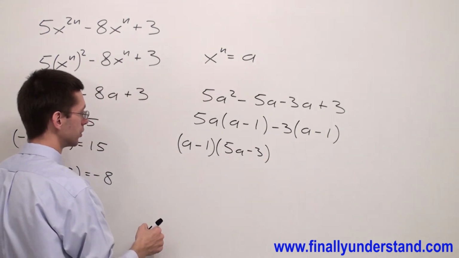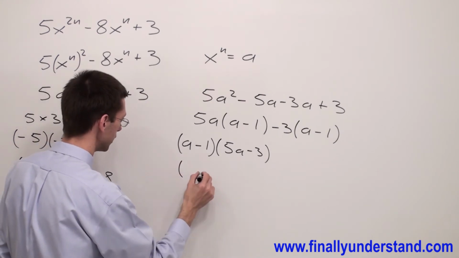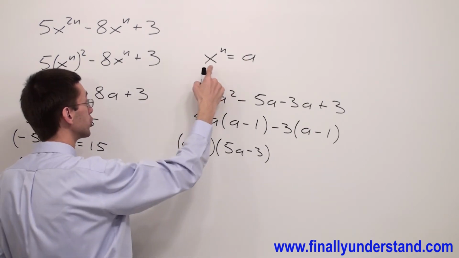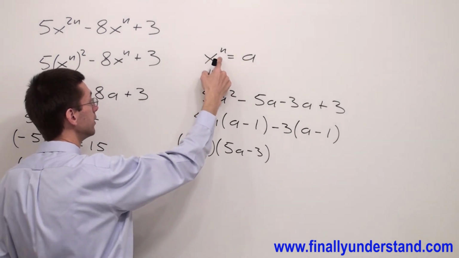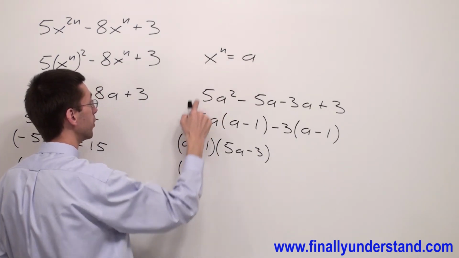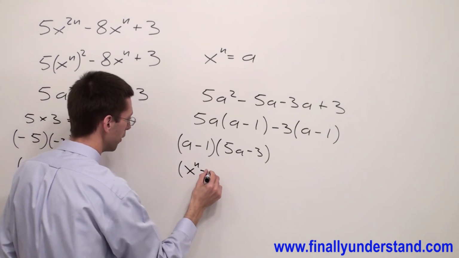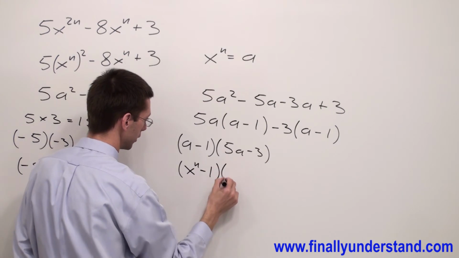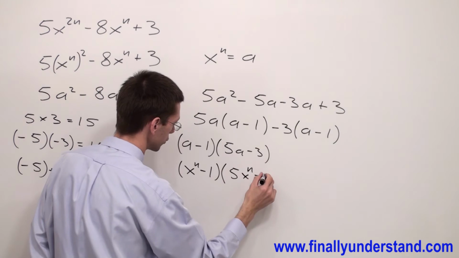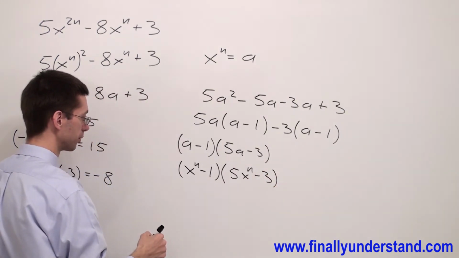Now this is basically the simplest form which we obtain, and now don't forget that we assumed that x to the n is equal to a. Now we're supposed to replace a by x to the n. That's why I'm going to write x to the n minus 1 times 5x to the n minus 3. And this is the solution to my problem.